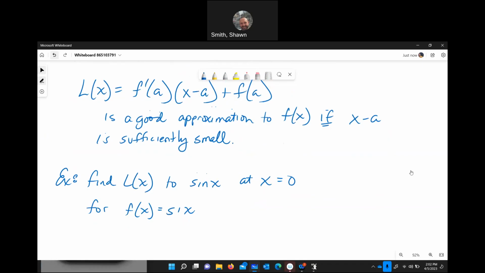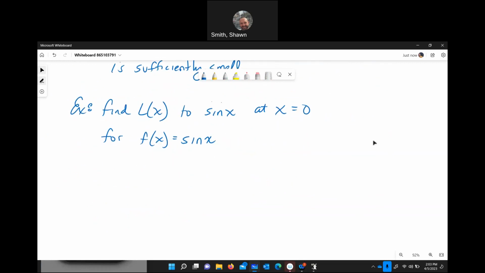So a is 0 degrees, 0 radians. It didn't specify, but we can assume radians.